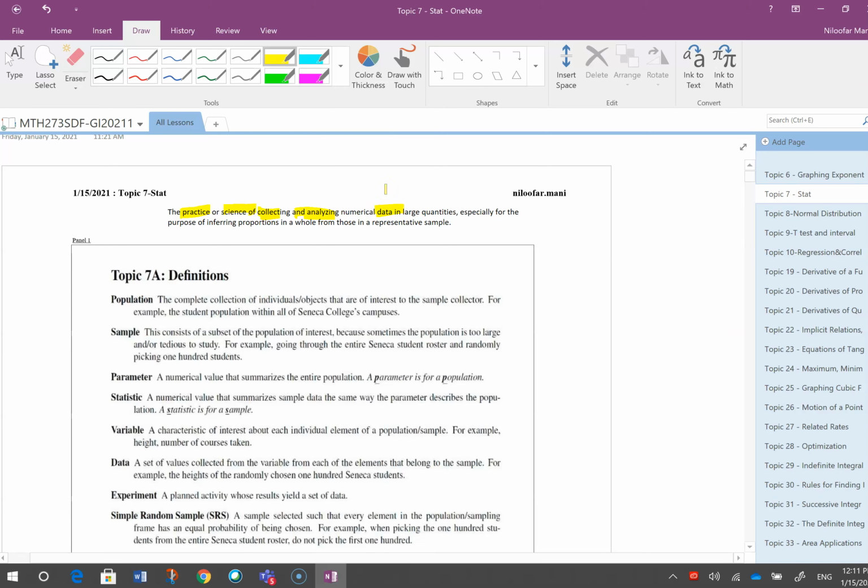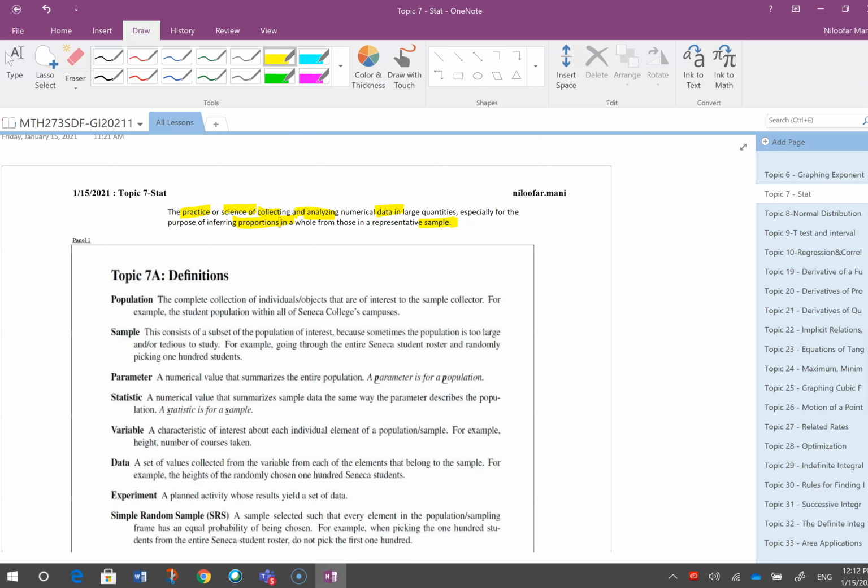So we collect some data and we work on it, for example as representative of the population. I'll tell you what a population is, and we call that a sample. We want to work on the properties of these samples, and we want to make a conclusion for the whole population. So we call this a statistic.